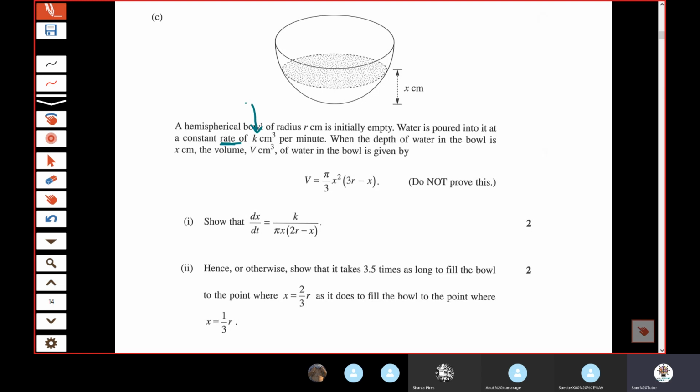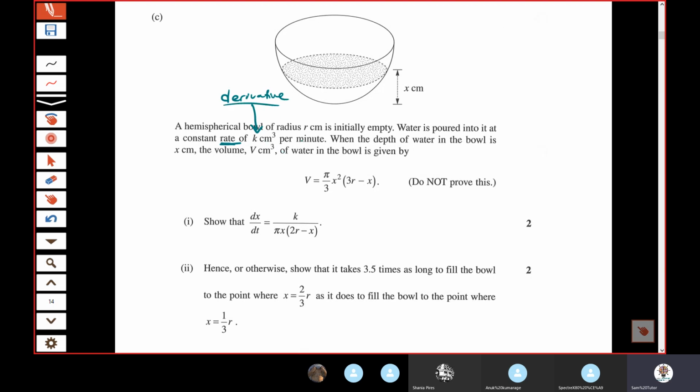Velocity. Yeah, but that's a bit too much. Starts with D. No. Derivative. Differentiate. Rate. Differentiate. Derivatives.